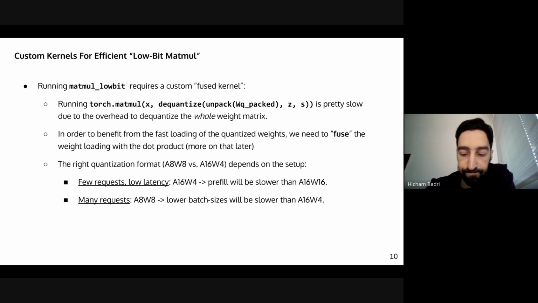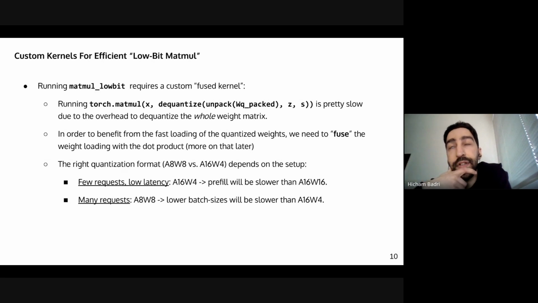The thing to keep in mind is that let's say you have two setups. You have the choice between dynamically quantizing the activations as 4-bit and the weights as 8-bit. And the other situation is that you just quantize the weights to 4-bit and your activations are 16-bit. So the question here is, which one is actually better?